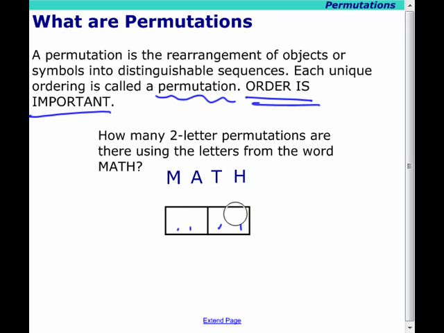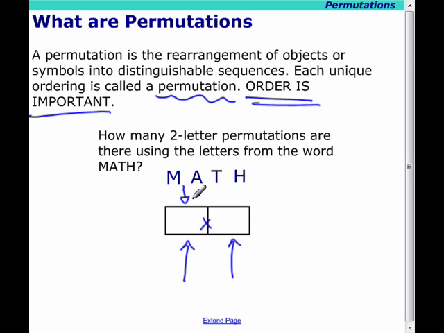So what I can do is use something called the fundamental counting principle. And we'll see this on a slide that comes up later. What that says is if you have 2 things to fill or 2 events to happen, figure out how many possible ways there are for this one and multiply it by how many possible things there are for this one.